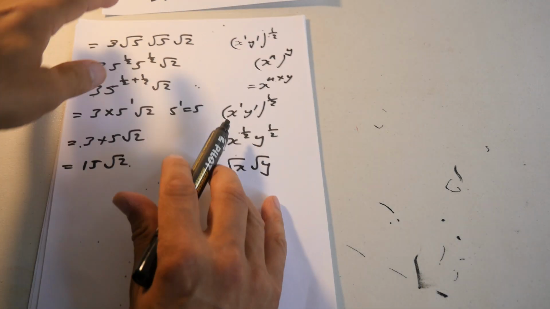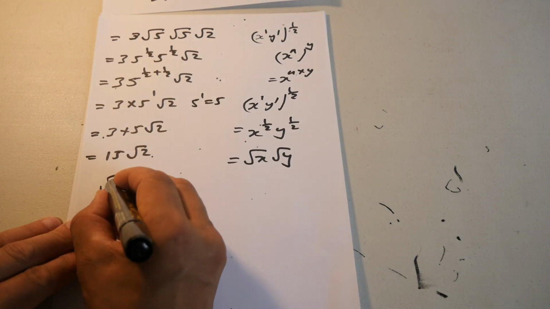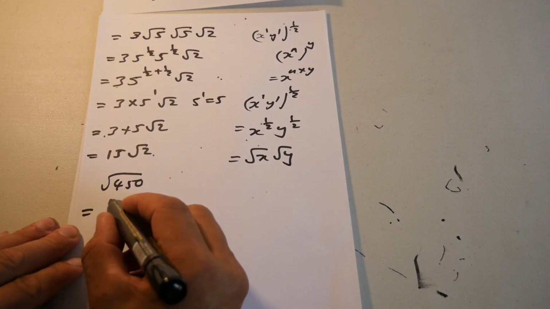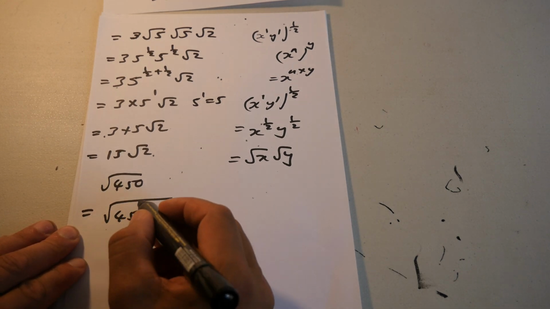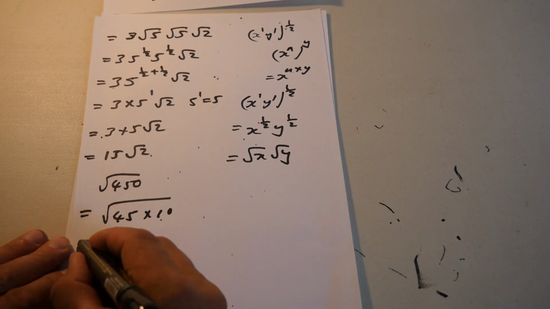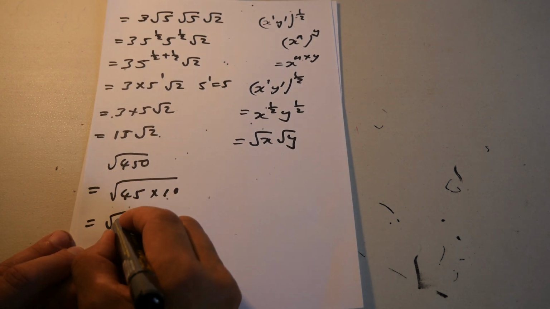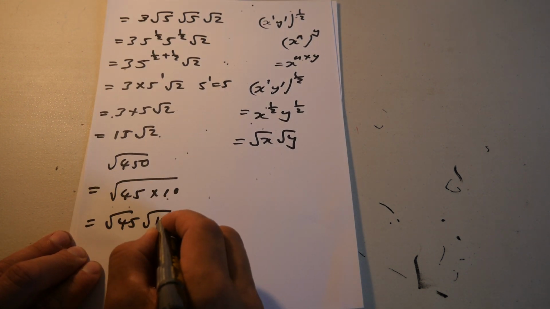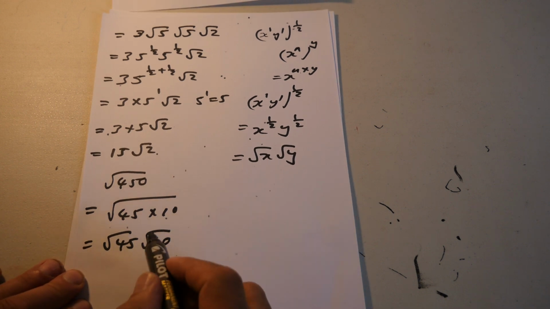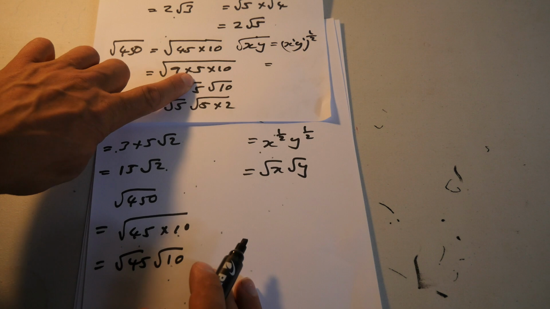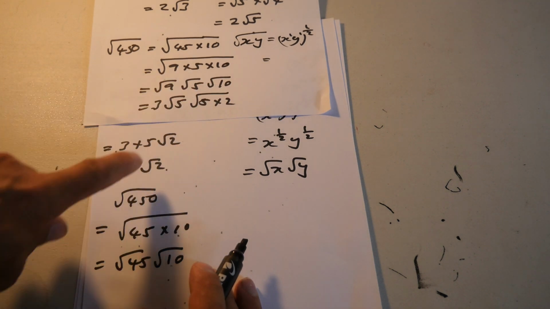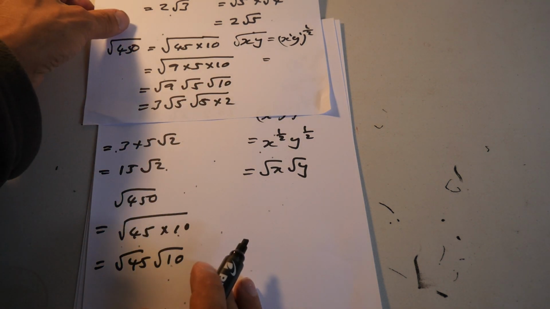Oh yeah, when I did 450, the square root of 45 times 10 equals the square root of 45 times the square root of 10. Okay? You could write it like that, but I chose to actually break it up into 9 times 5 is 45 times 10, but you could write it like that as well. Okay?